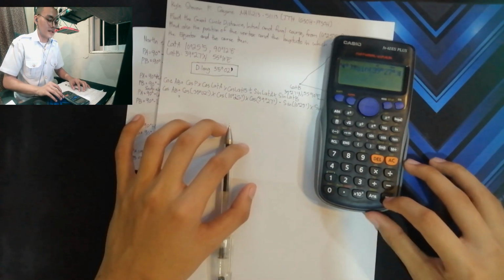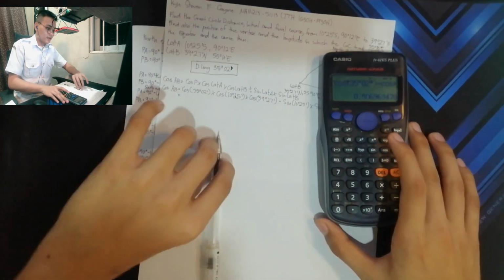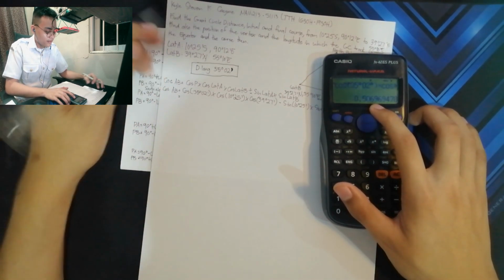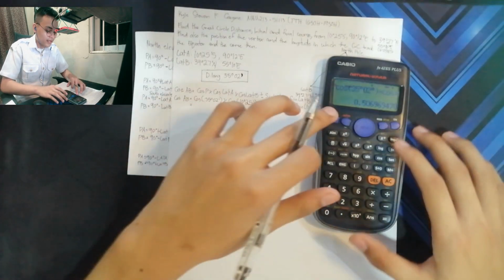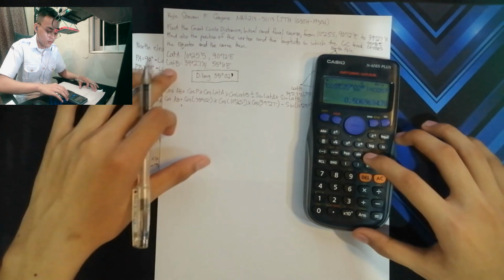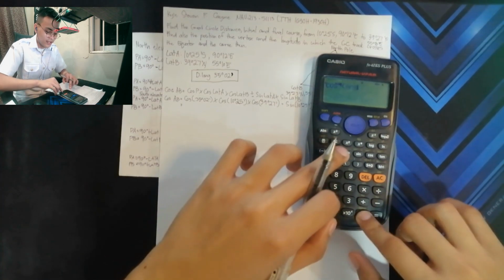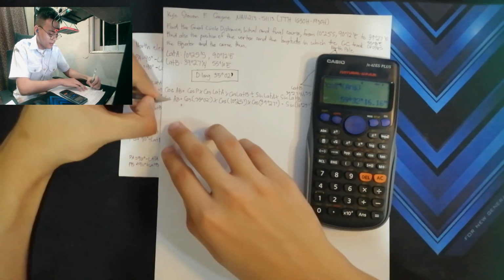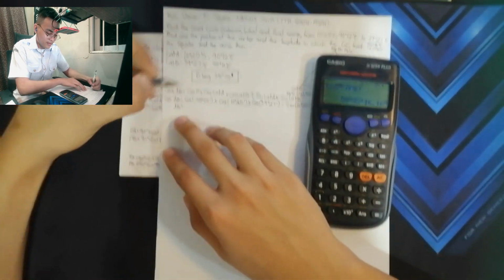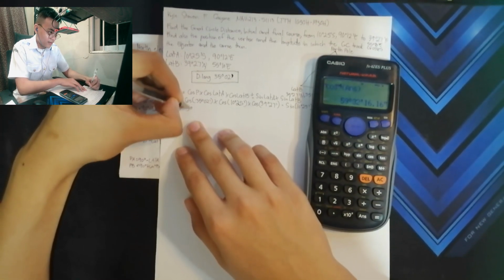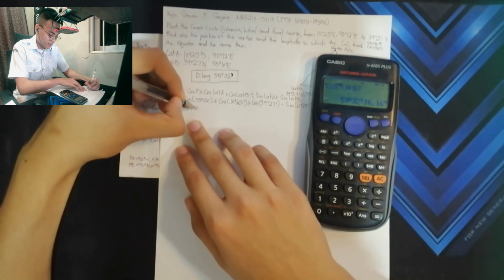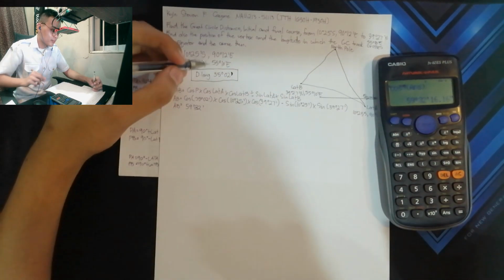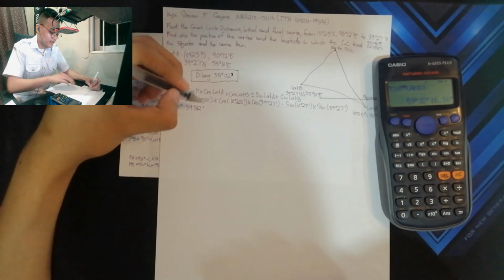Press equals, and we will get this value. In order to get your answer, you still need to press shift cosine inverse of that value, then close parenthesis, then equals. So AB is 59 degrees 32 minutes.